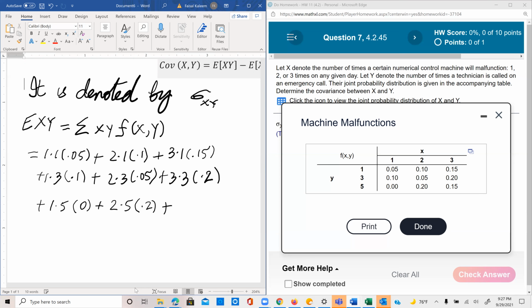And then I have x3, y5, 3, 5, f3, 5 is 0.15.